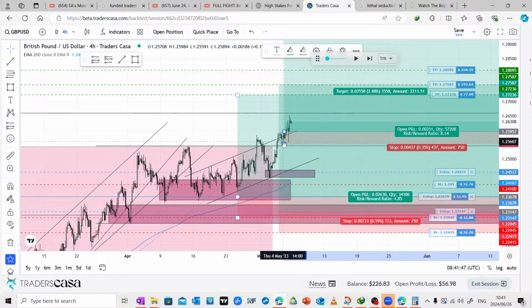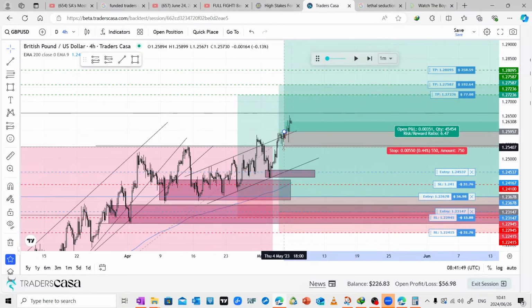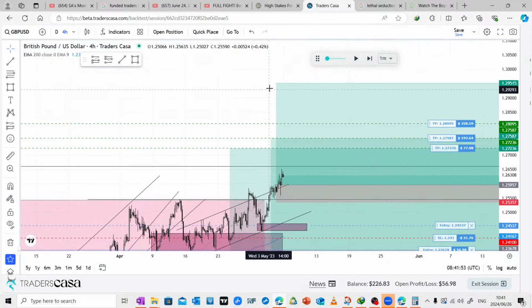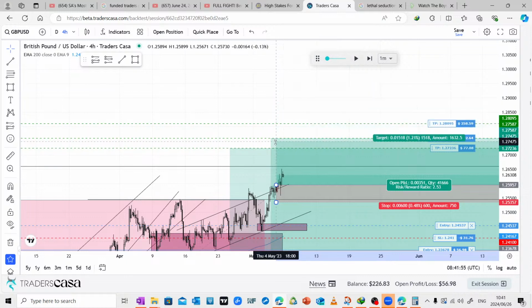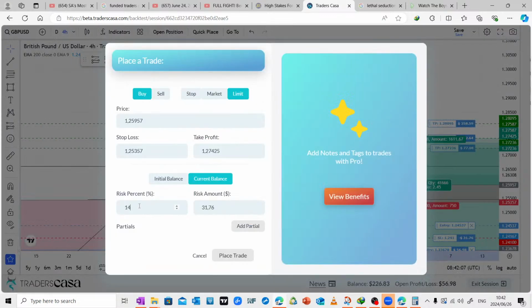Like somewhere there. But the risk to reward is 1 to 2. Yeah, we could take it, open, but it'll be a less risk entry. So instead of risking the whole 14, we would risk 3.5%, place trade.